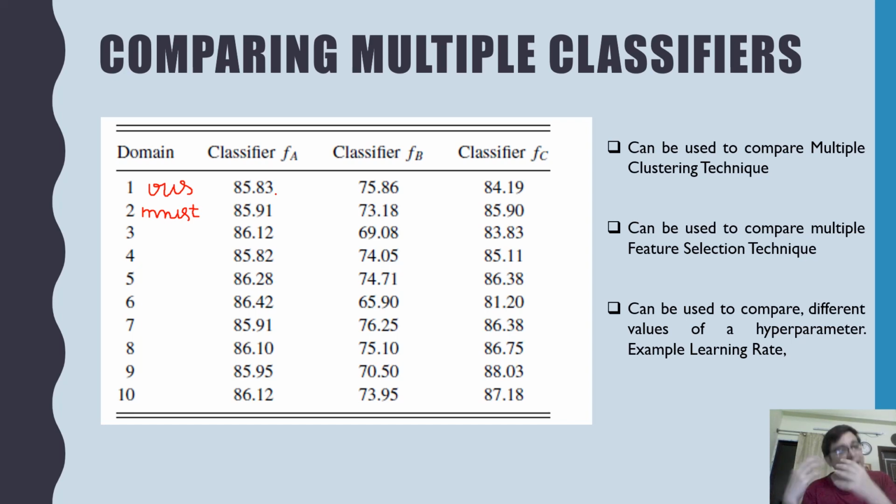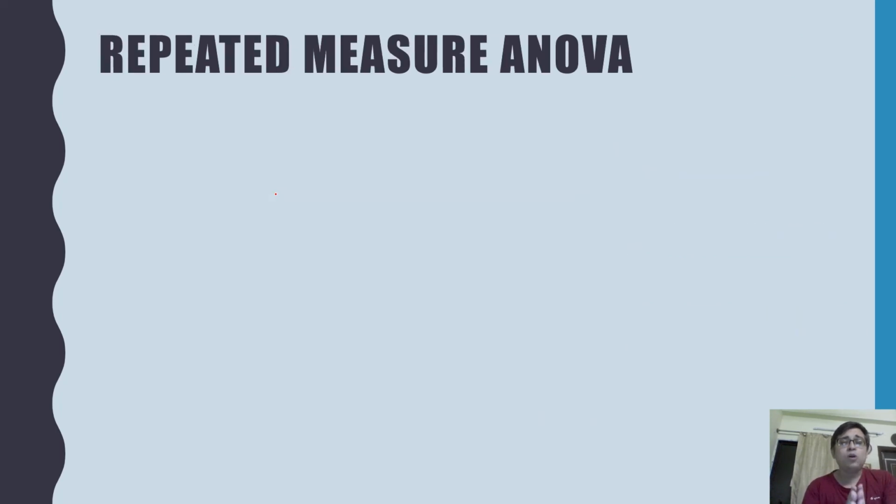This could be the execution time of the algorithms, or the number of reductions that a particular feature selection algorithm is producing. So one categorical variable and one numerical variable. This combination is what is to be emphasized.